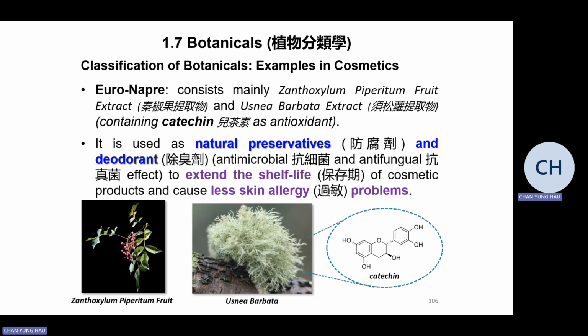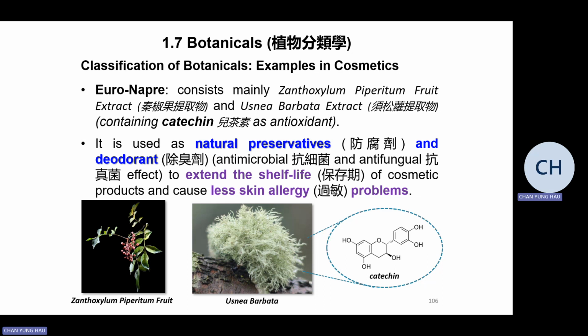Do you still remember catechin? I discussed it with you in the last part. It is used as a natural preservative, and catechin has the antioxidant effect, and also antimicrobial and antifungal effects, which can therefore extend the shelf life of most cosmetic products.